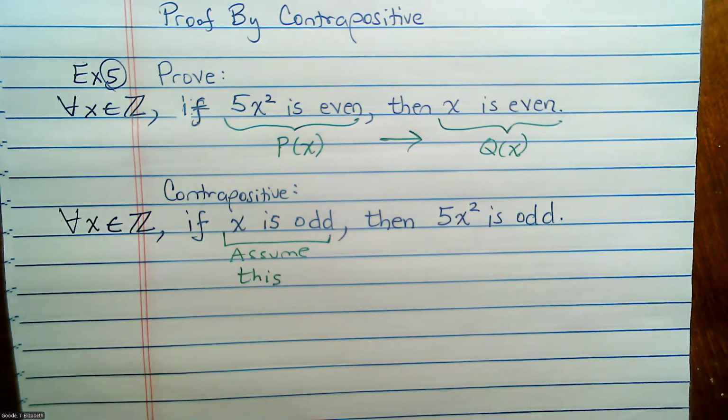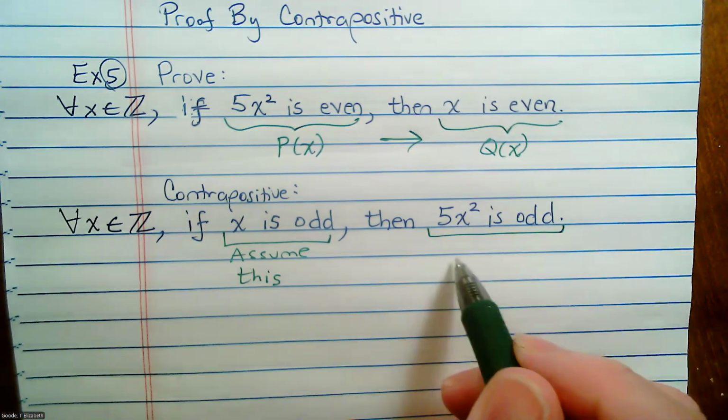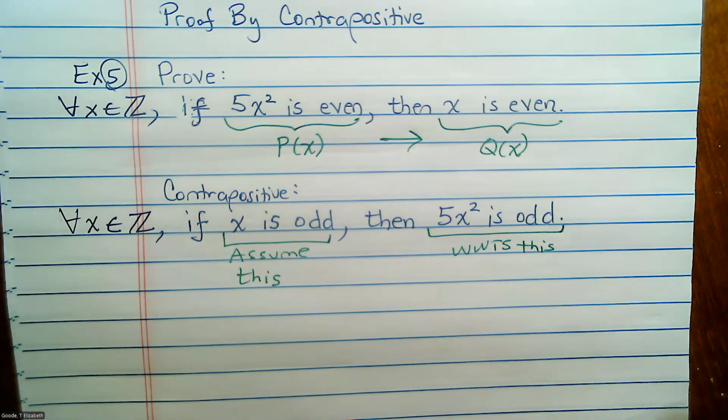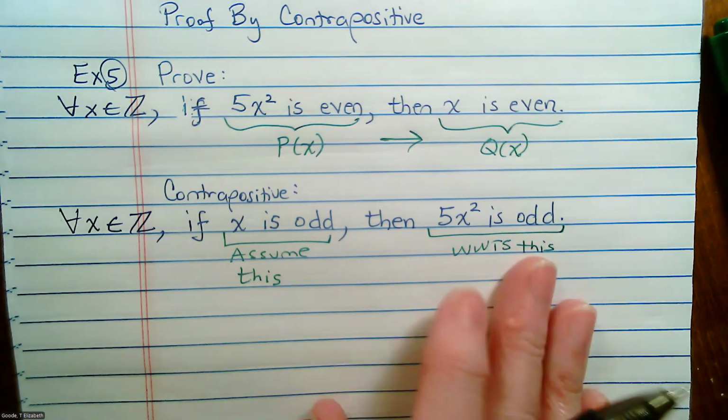If x is odd, then you wish to show that 5x squared is odd. And that's easy to do.